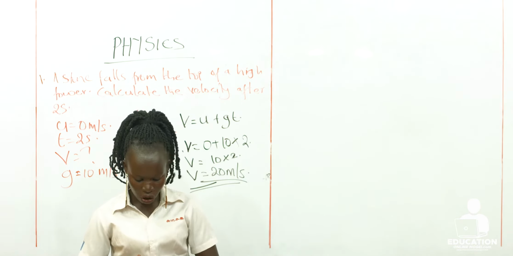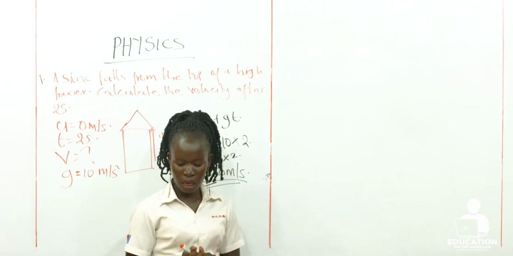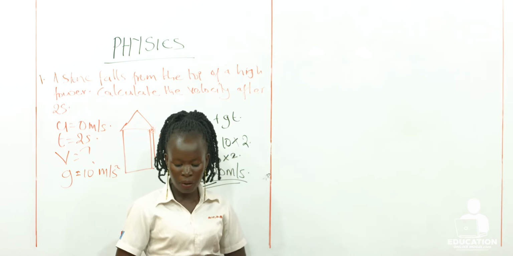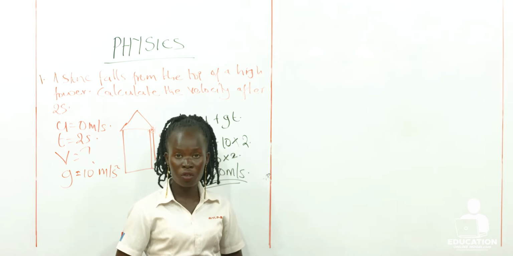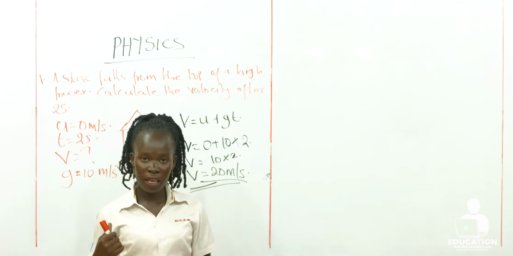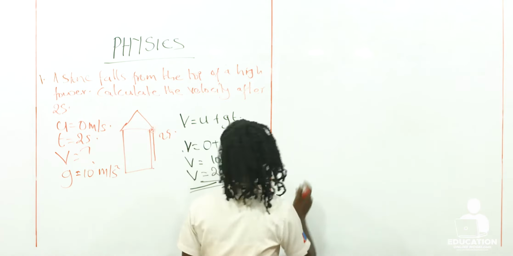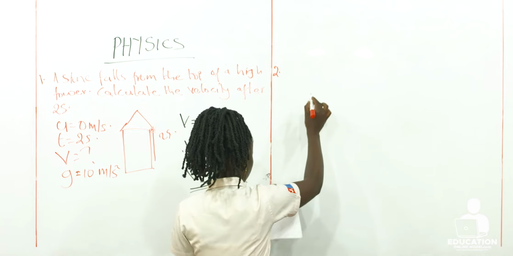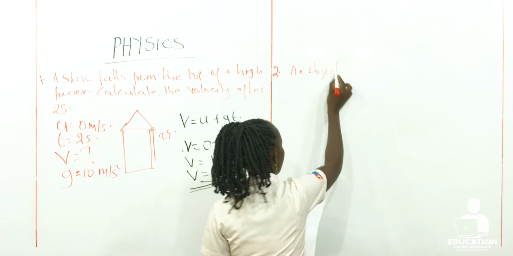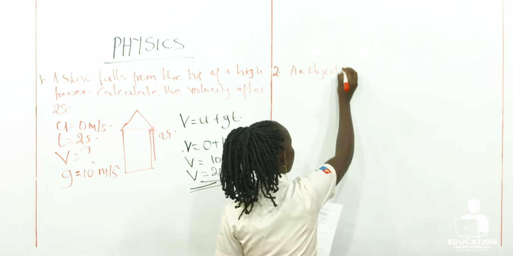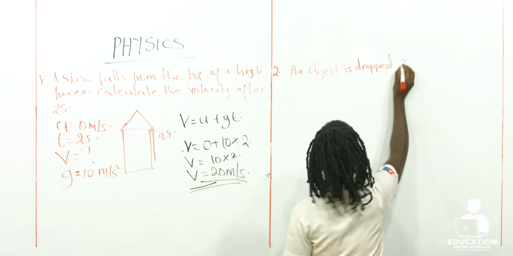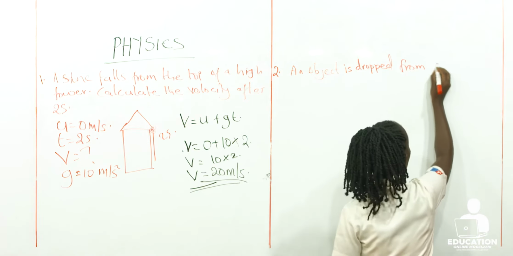Example 2 is telling us that an object is dropped from a helicopter. If the object hits the ground after 2 seconds, calculate the height from which the object was dropped. This time round, you see that they are not telling us to find the velocity, but they want you to find the height. Let me summarize it down. An object is dropped from a helicopter.